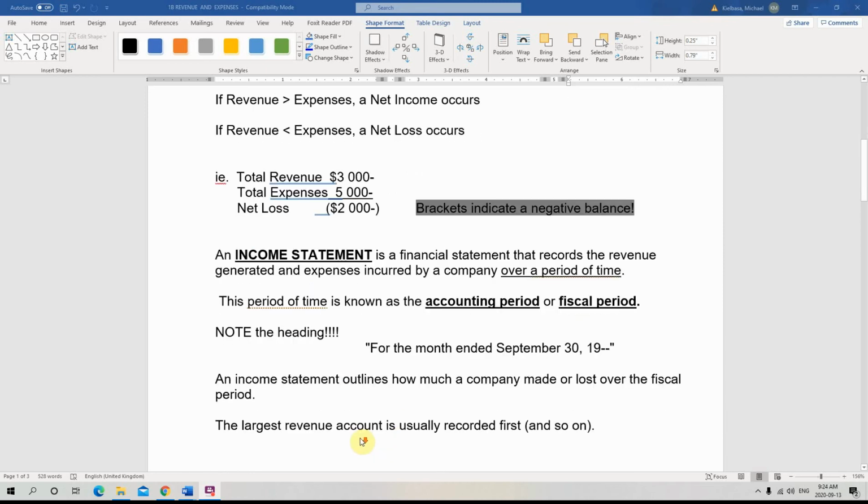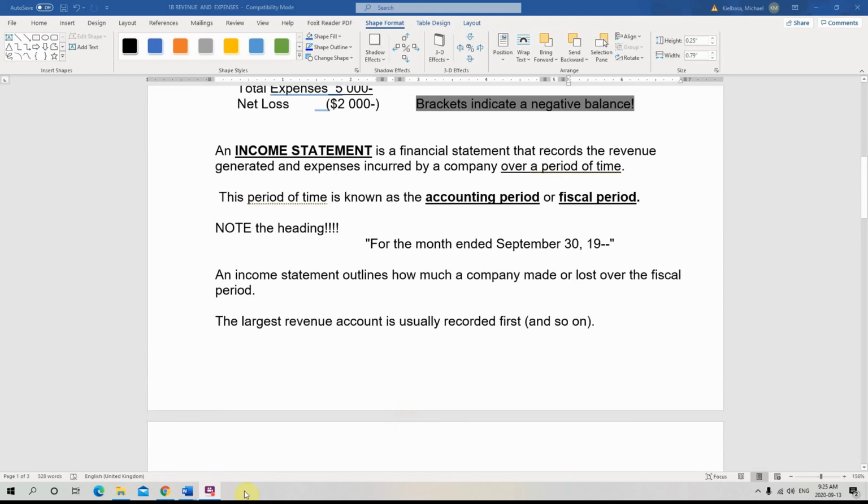Now, when an income statement is prepared, usually the largest revenue goes first, then the thing that makes you the next most money, then the next most money. For the expenses, you can put them in whatever order you want, so I'm not going to worry about the order of the expenses, but the revenue should be in the order that makes the company the most money.